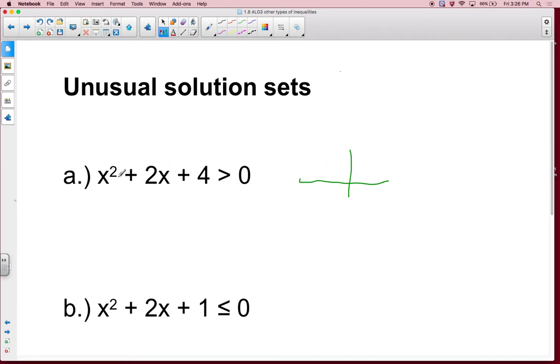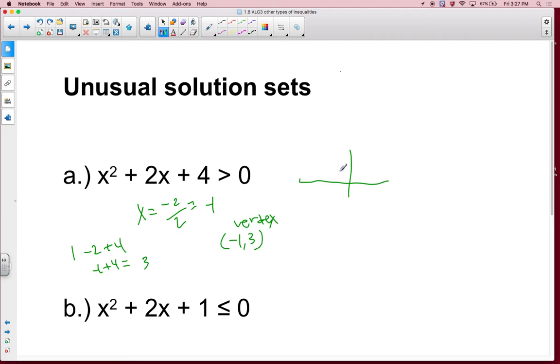If I find the vertex, x equals negative b over 2a, negative 1, and then I plug negative 1 in here, I get 1 minus 2 plus 4. Negative 1 plus 4 is 3. So negative 1, 3 is my vertex.